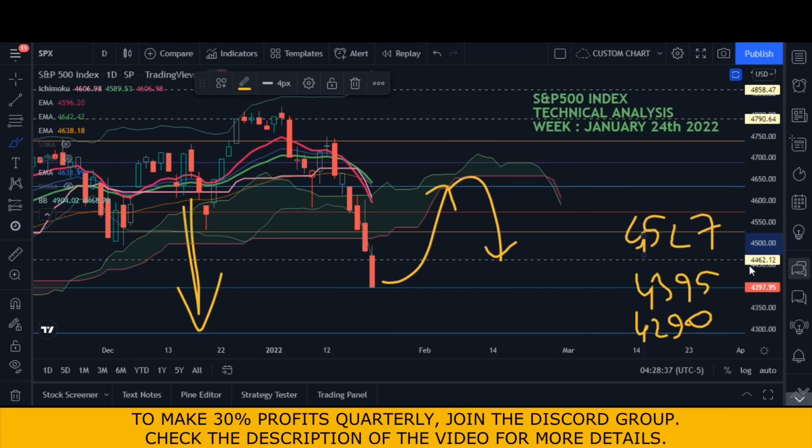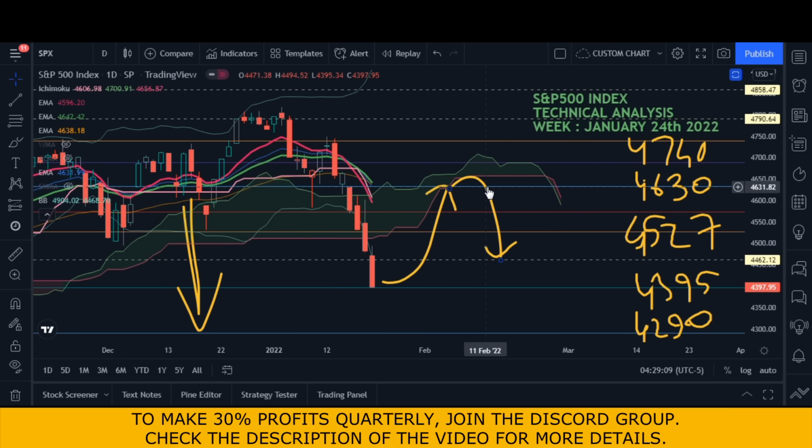Thereafter we are looking for 4630, and then the usual 4690 and 4740. So these are the very important supports and resistances we are looking for.